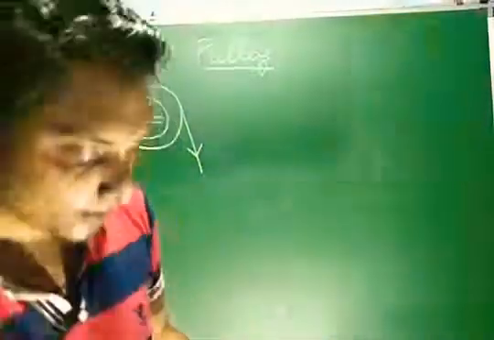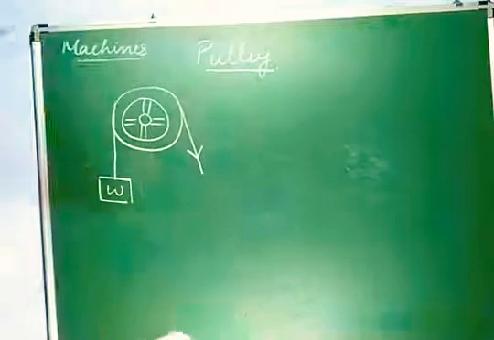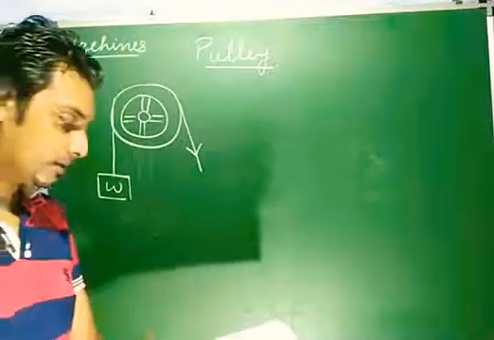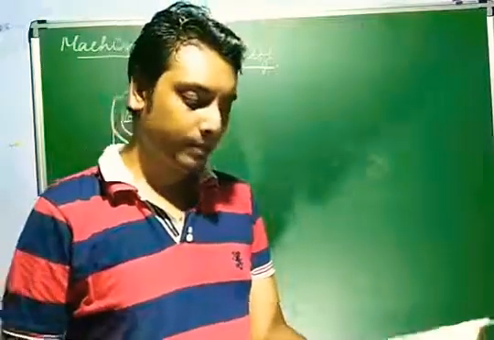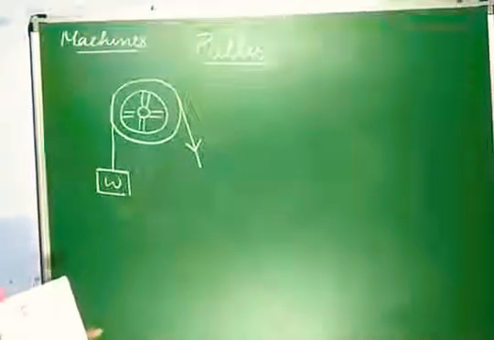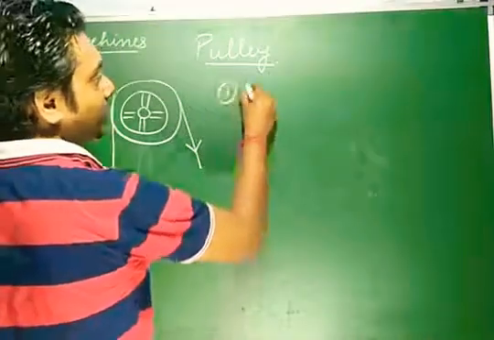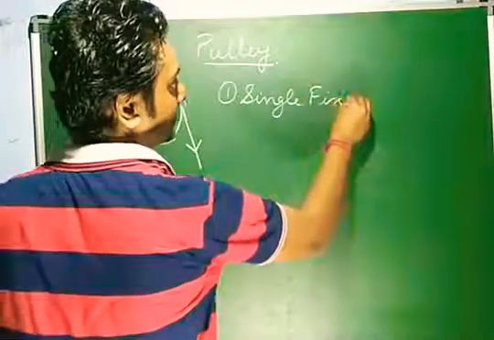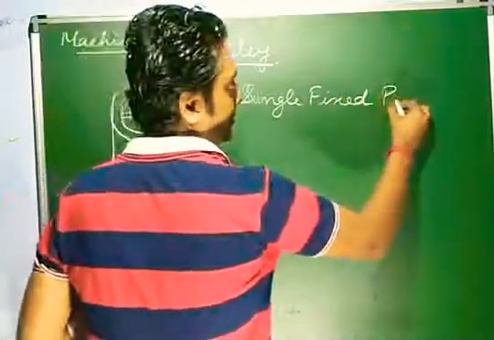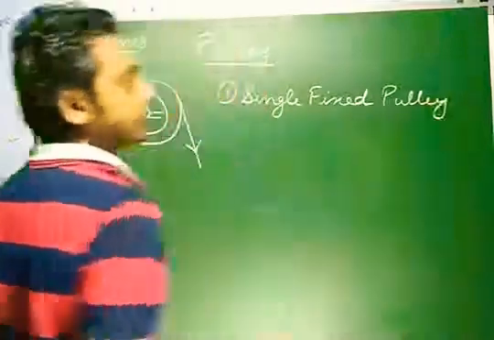Alright. Now next let's try to understand how many types of pulleys there are. There are basically two kinds of pulleys. One is the single fixed pulley.